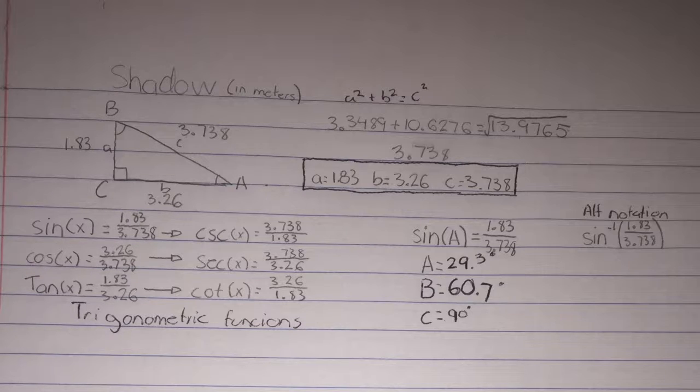Now to get the three angles of our triangle, you're going to need to do sin A and then do the alternative notation with its csc, sin^-1, and plug that on the calculator and it will give you this number. And since we already know that angle C is equal to 90 and angle A is equal to 29.3, and that all three angles have to be equal to 180, it's really simple to get the third angle.